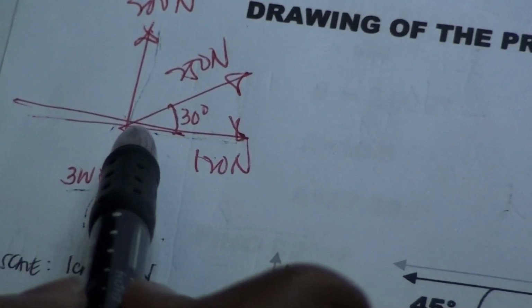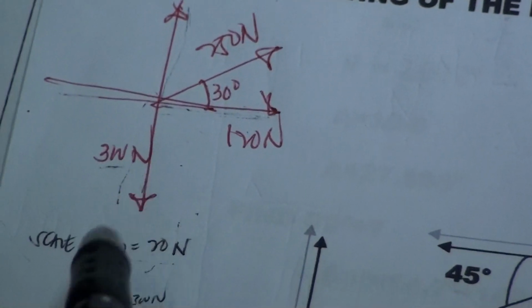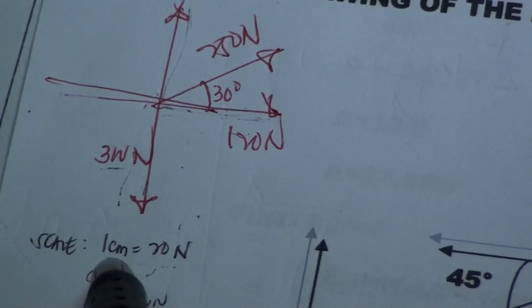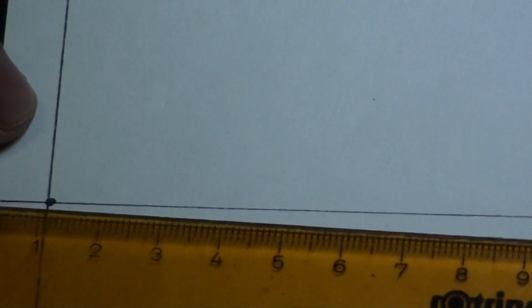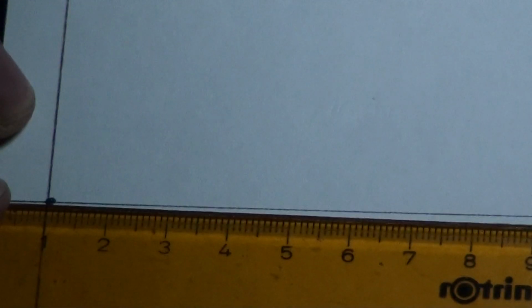So to plot this 120 Newton, we need how much centimeters in length? We need 6 centimeters. So therefore, we can now plot this on the Cartesian plane. 6 centimeters on the Cartesian plane, we shall have a reading of 7 here.